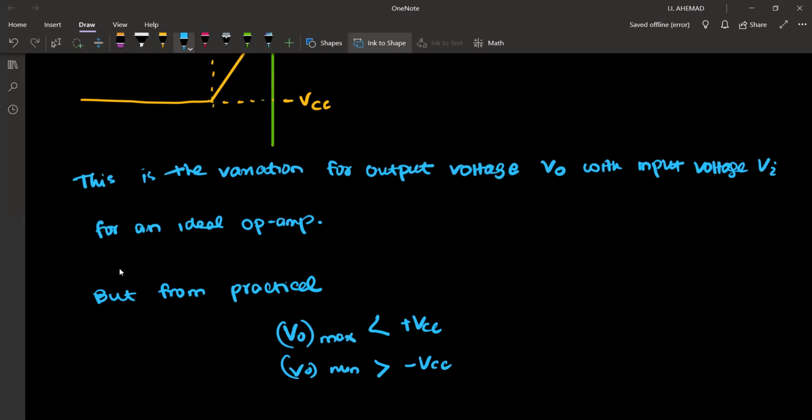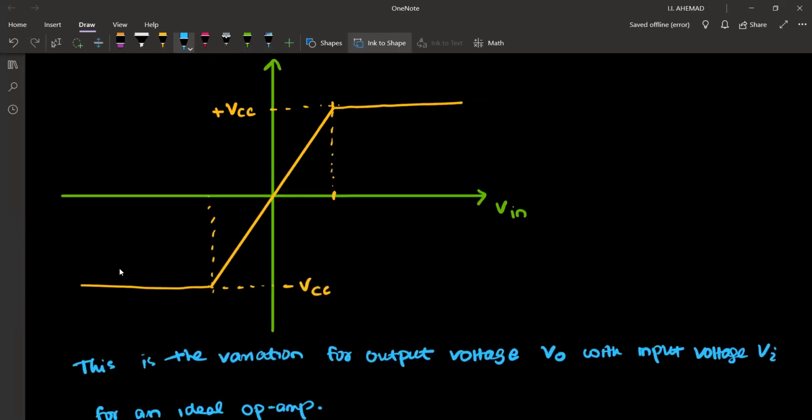That means this line over here, for an ideal operational amplifier, we have shown it gets saturated and reaches the value of minus VCC and plus VCC. But for practical, it cannot reach up to that. It is slightly lesser and greater than plus VCC and minus VCC. So this is for practical.